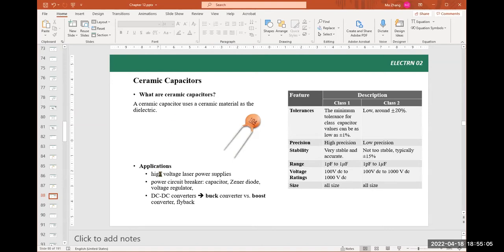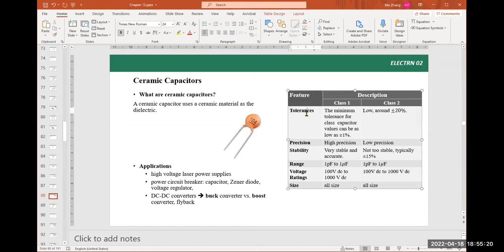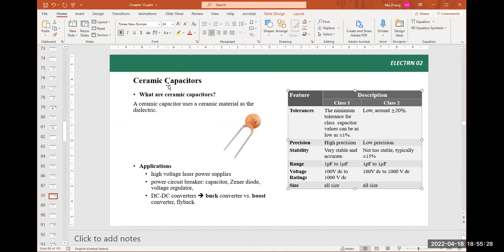Applications like laser power supply, and also power circuit breaker, DC-DC converter, which is called a buck converter or boost converter. Tolerance: by the way, for ceramic capacitors there are 2 classes.